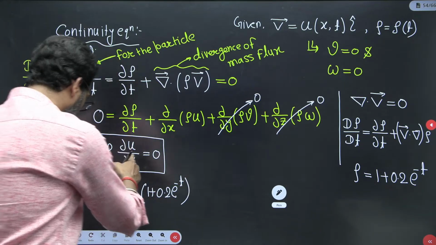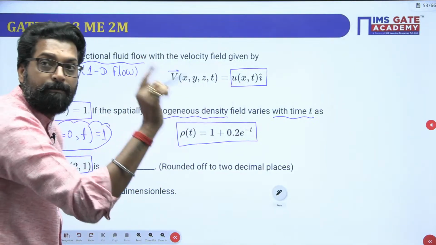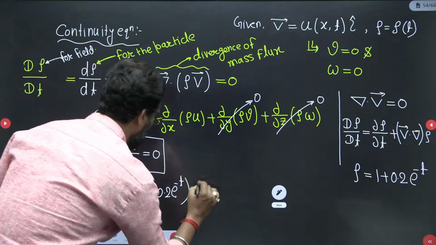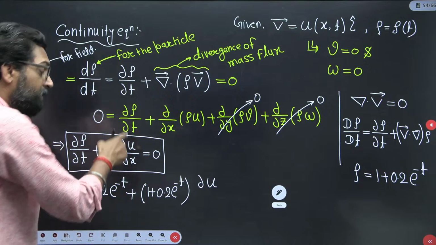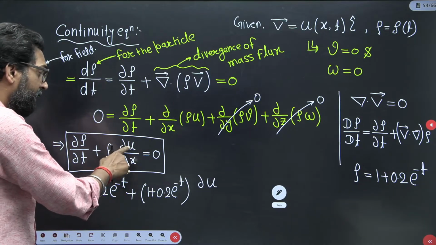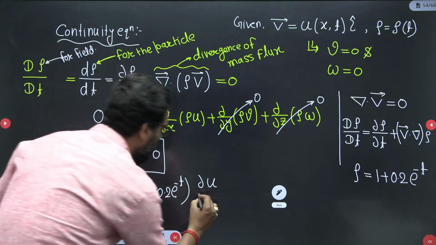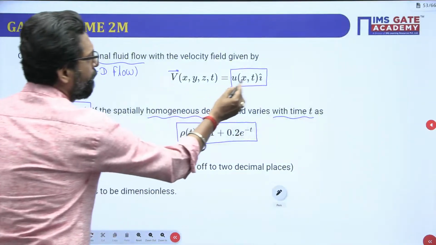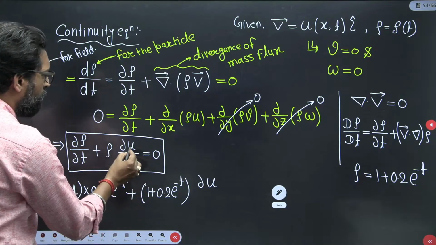And now u is there, because u is a function of x and t, it is given. So keep it as a partial, not total, okay. Dou u by dou x is equal to 0.